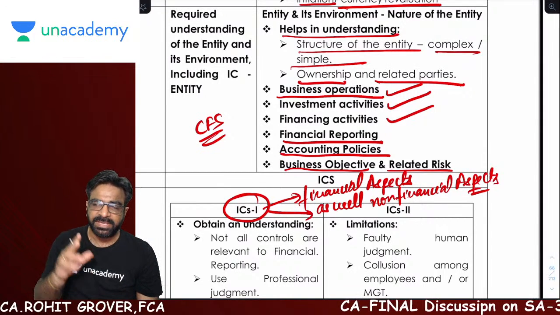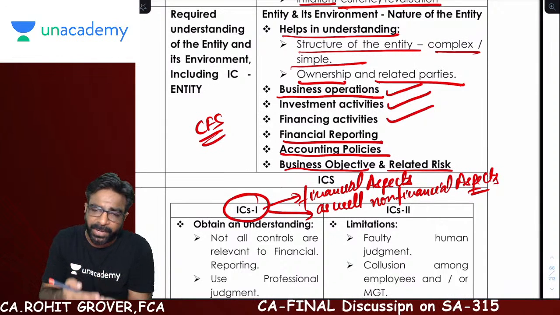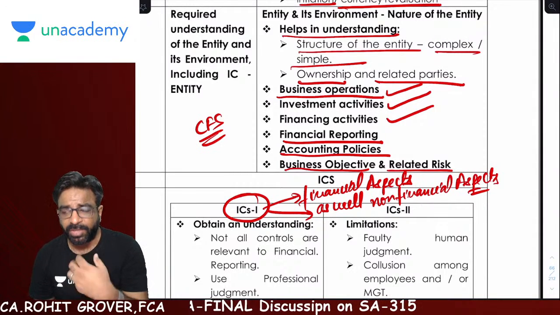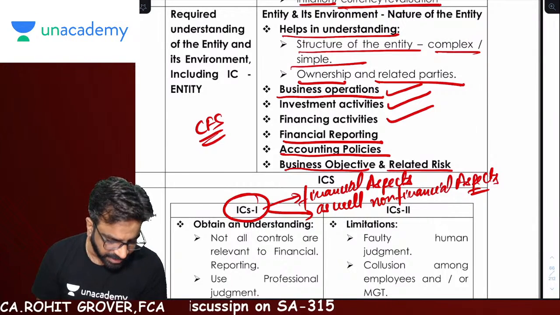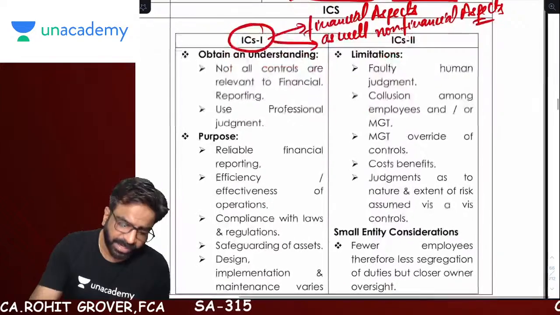But sometimes you have to apply your professional judgment to have the knowledge beyond financial aspects also. Sometimes you will come to know about the risk from the non-financial aspects rather than the financial aspects. I hope all of you will agree with me in that. So this is what we mean by internal control system.